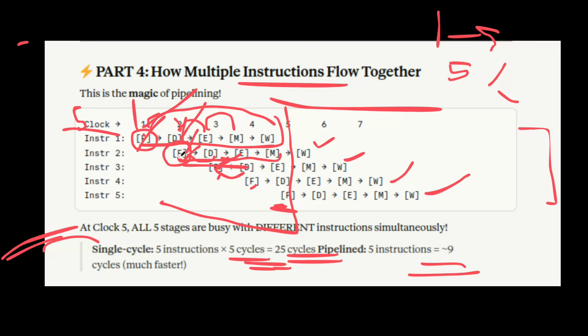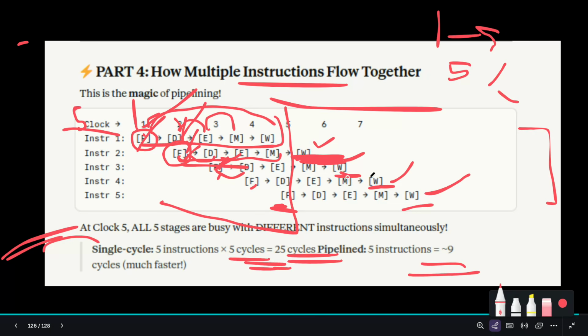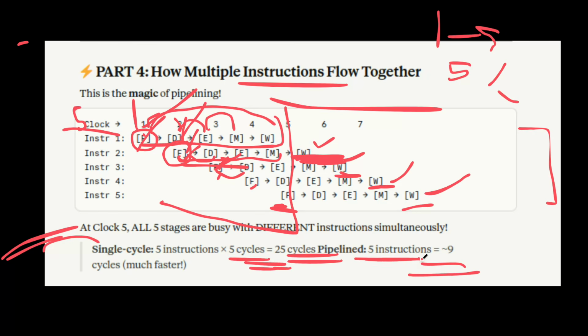But the earlier instructions have already done their work: one fetch is already done, this also is done, this also is done. Now we need only the extra write, only the last one cycle is needed, 5 plus 4, that is 9 cycles are only needed for pipeline.